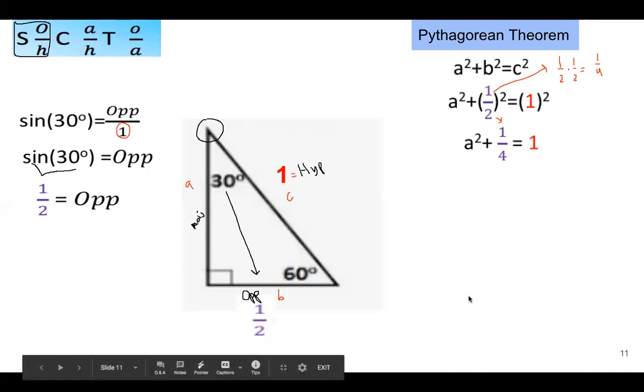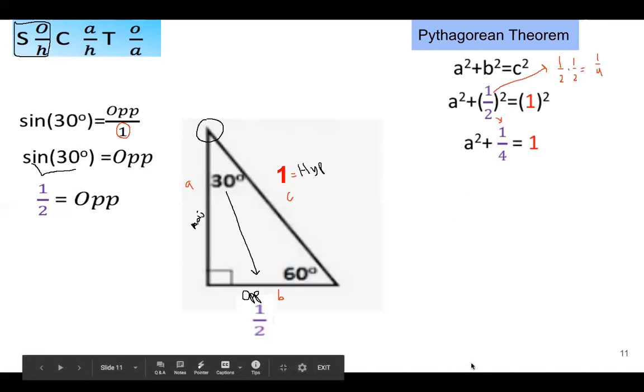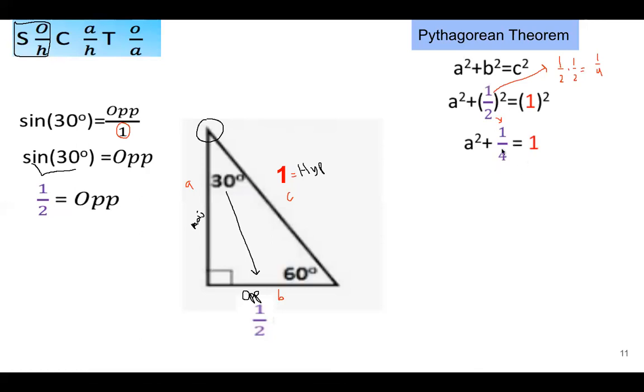To figure that out, I'm trying to figure out what this A is. A for me is the adjacent side, so I'm going to try to solve for A. Let me ask you all, what should I do next if I want to solve for A? Let's see what ideas y'all have. Anyone in the chat, or you can unmute. What are some ideas we can do?